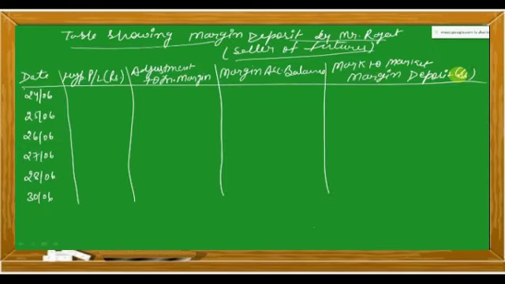Yes, so we have again prepared a format for the calculation of margin deposit by the seller, which is Mr. Rajat in our example. So 24th of June. On 24th of June, what is the settlement price? The spot price on that day is 1010 and the strike price is 1000. Now think from the angle of the seller of the futures.